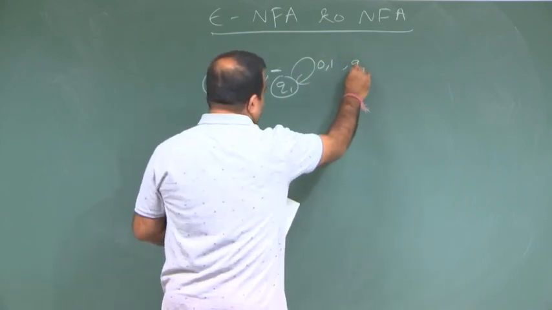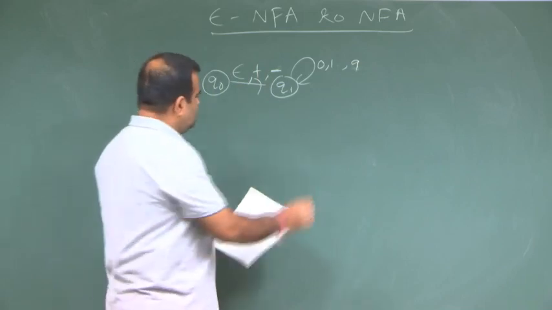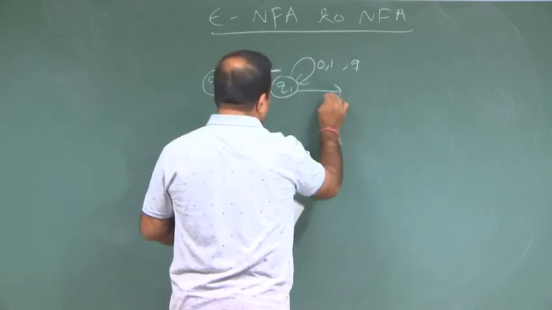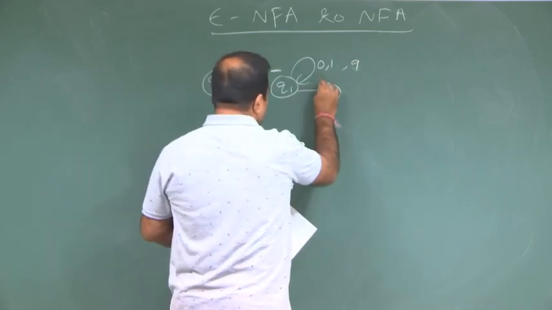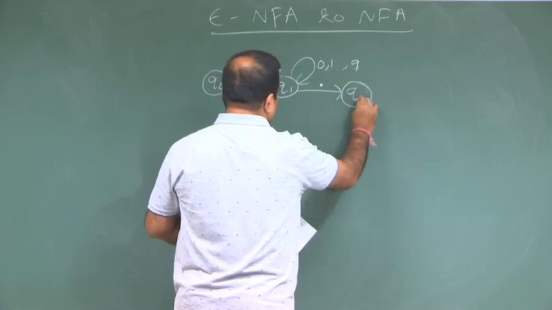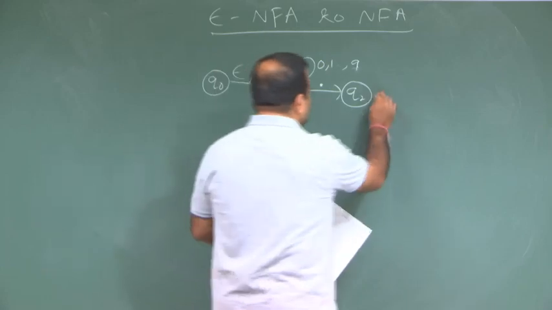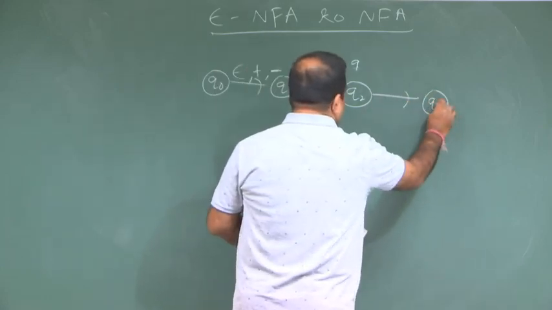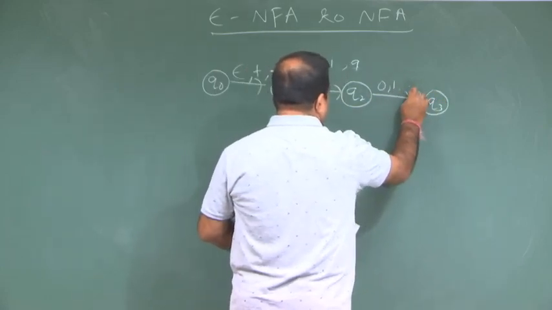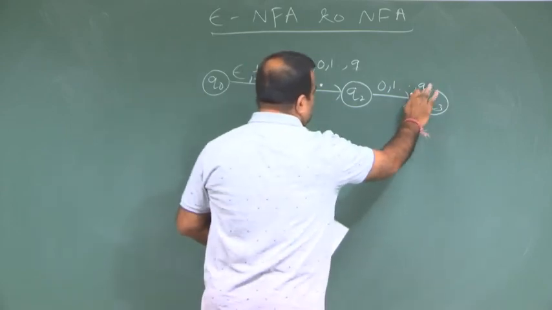We have seen this example, and if we have a dot, we will go to Q2, and from Q2 we will go to Q3 if we have a digit input 0 to 9.